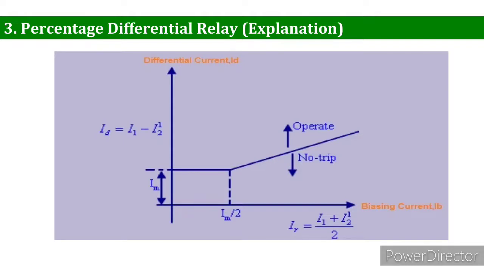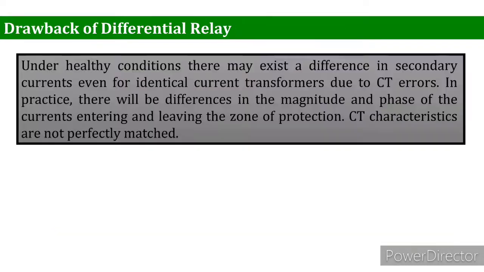The differential protection relay will pick up if the magnitude of the differential current is more than a fixed percentage of the restraining current. This is very important to understand, and you can see in the graph where the relay will operate and where it will not operate.